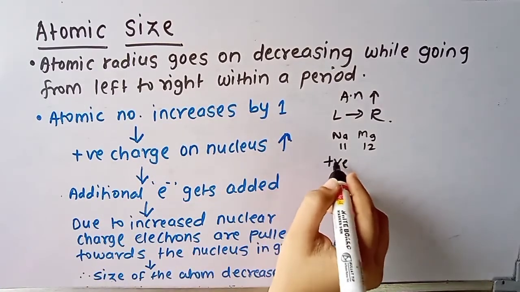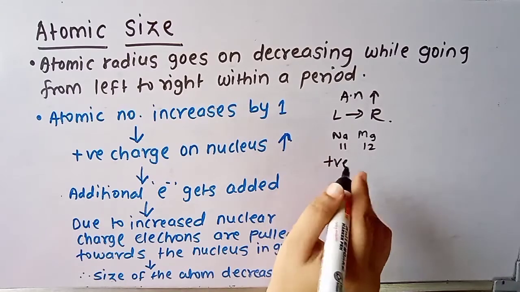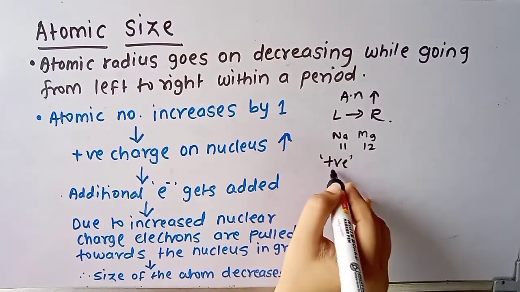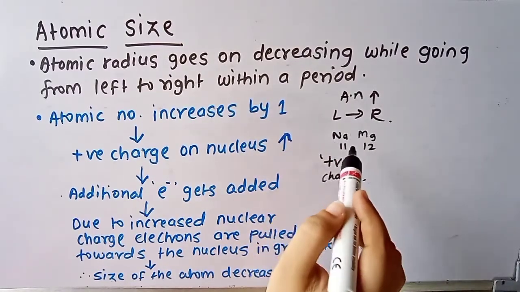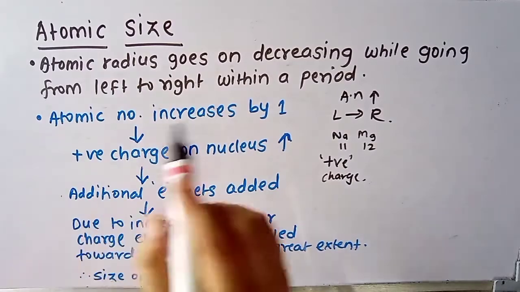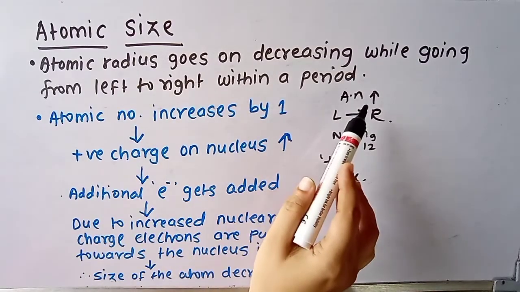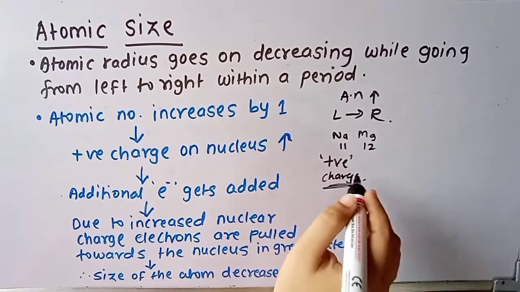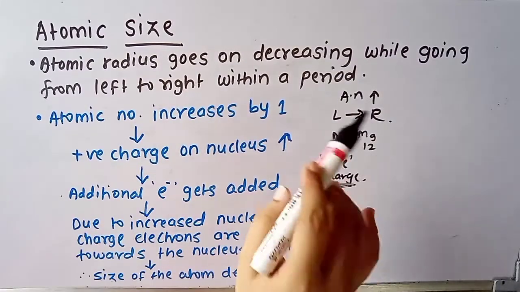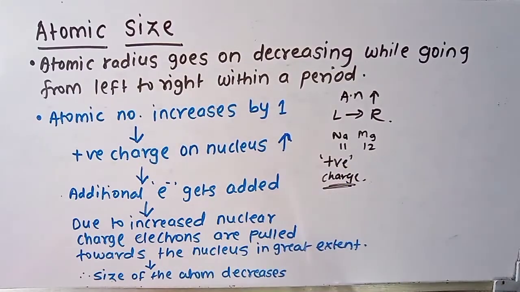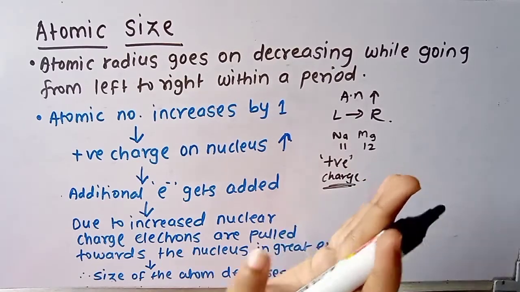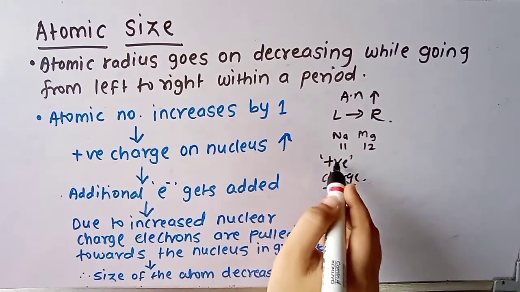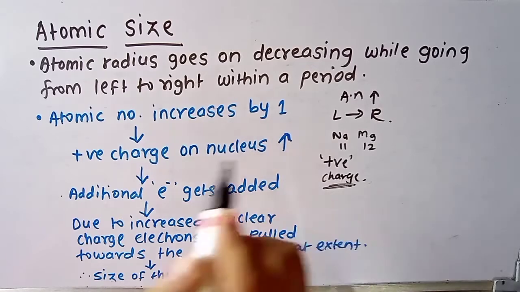Because we know atomic number is nothing but the number of protons, and protons have positive charge, yes or no? So the indirect meaning is that as atomic number increases, positive charge also increases, and at the same time electrons also increase, because the number of protons is equal to the number of electrons. So positive charge increases on the nucleus.